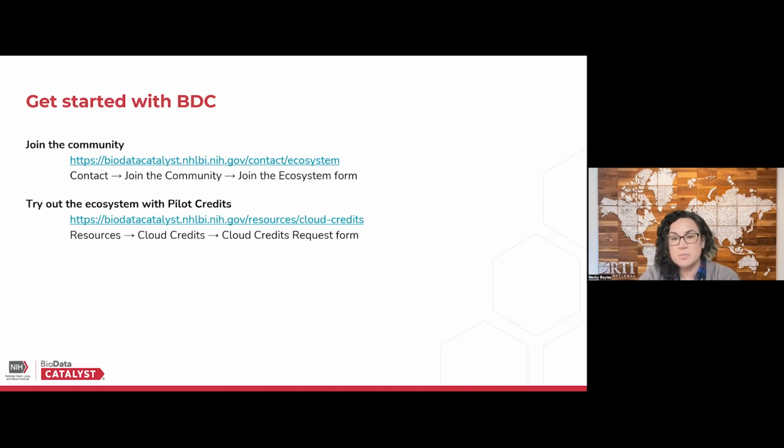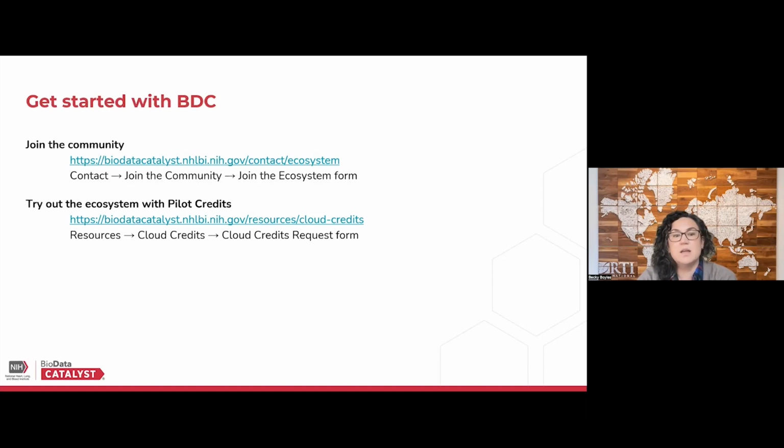So NHLBI provides pilot cloud credits. I believe these are currently around $500. If you can just write a very brief description about why you're interested in the platform and what you hope to do, it's very easy to get these credits.